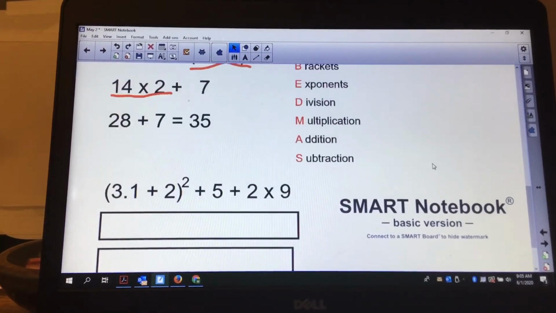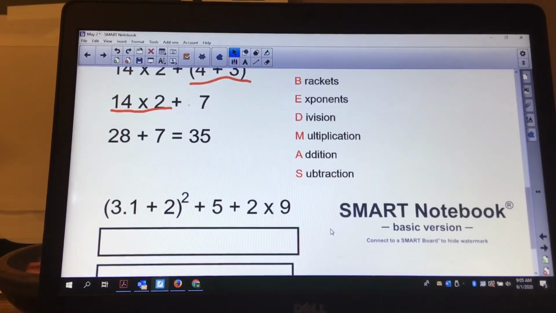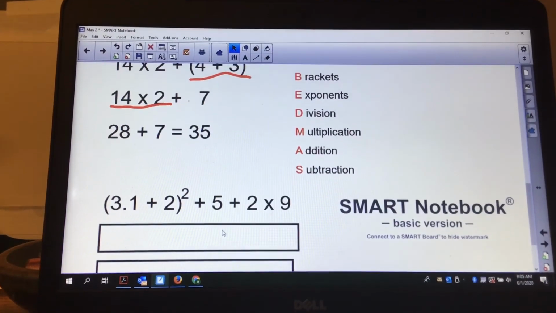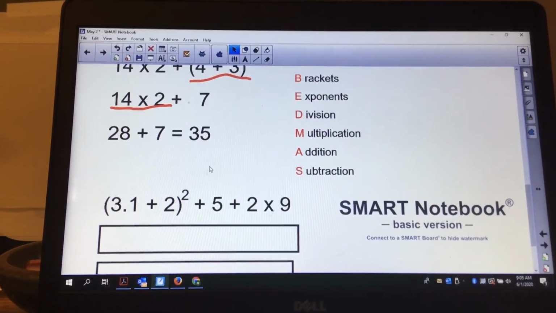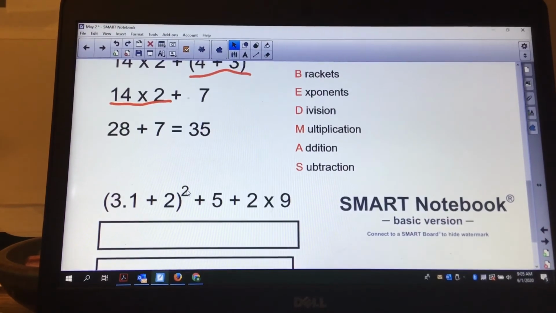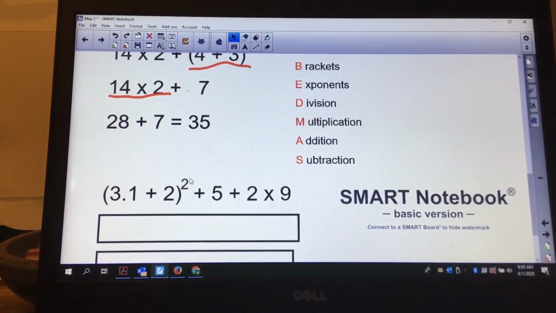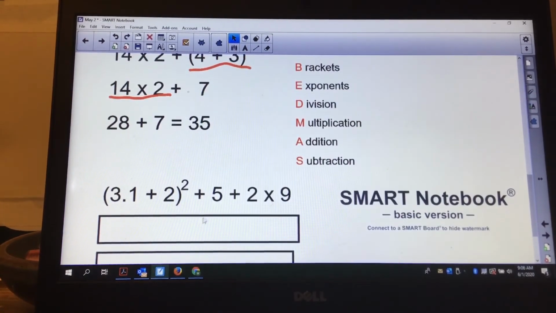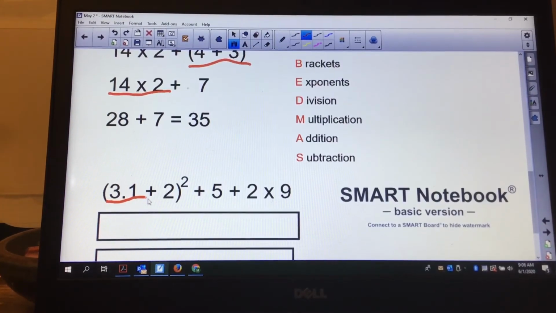And let's go to a slightly more difficult one again. Okay, so do I have any brackets? Yes, I do. You'll also notice I have an exponent outside the bracket. So what that means is whatever is inside this bracket will be squared. It'll be exposed to that exponent. So I'm going to write it just like I would.